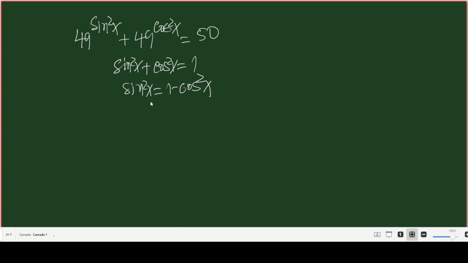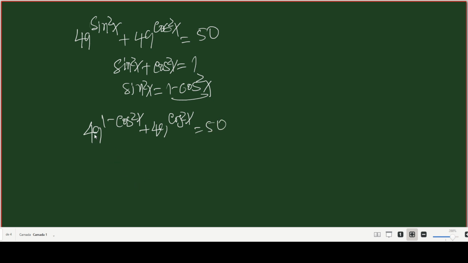Now I'm gonna replace this value here in our equation. We're gonna have then 49 to the power 1 minus cos square of x plus 49 to the power of cos square of x, and then this is equal to 50.